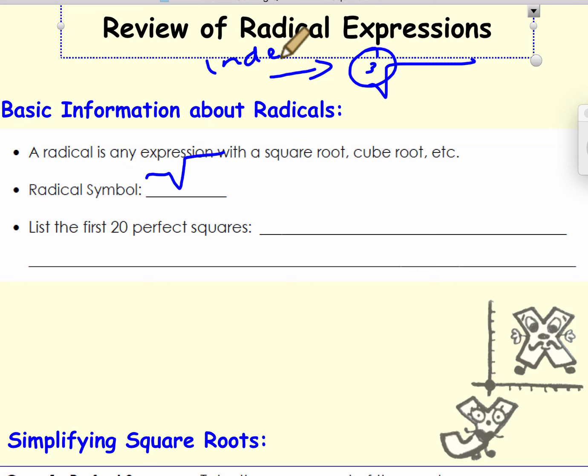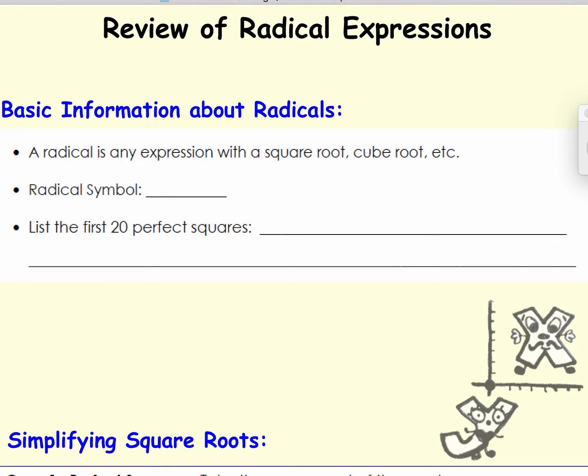When we're looking for the simplified version of a square root, we're looking for numbers that have a factor appearing twice. So the first thing you need to make sure you understand is, what is a perfect square? 1 squared is 1.